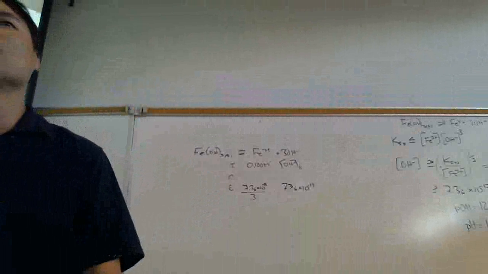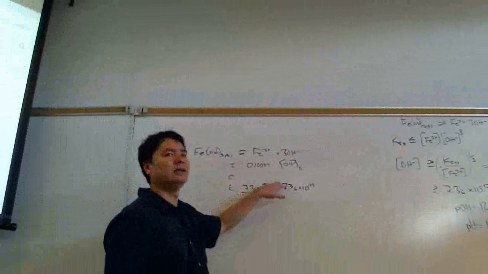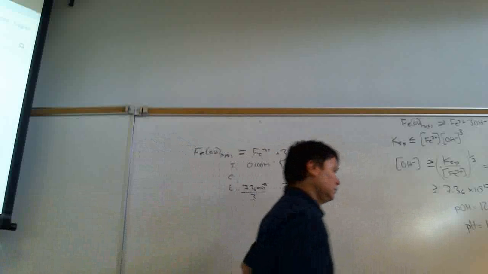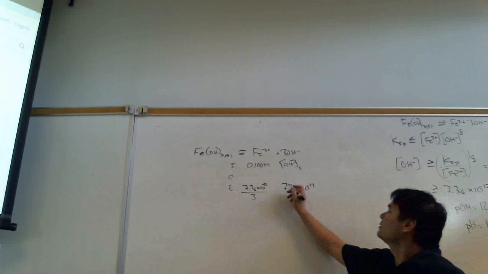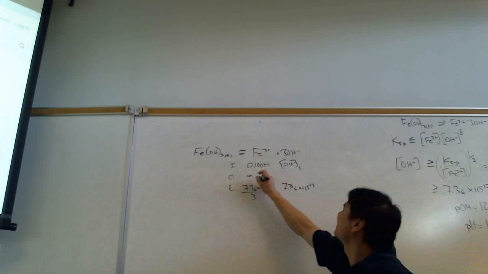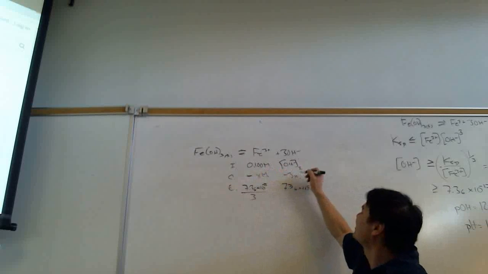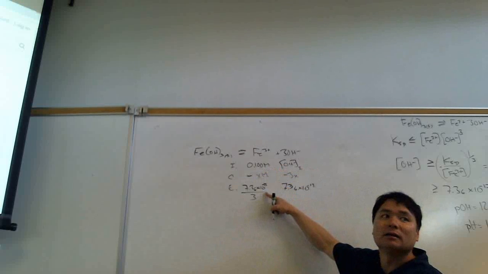And so we did have to add more hydroxide, but this is still weird, because even if we had to add more hydroxide, the amount of hydroxide that we added, well, actually, I guess we could figure it out, would be this. This is going to be minus x minus 3x, where x is this, right?